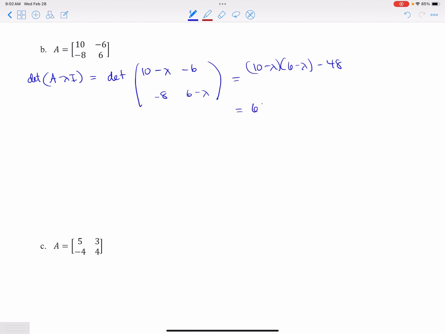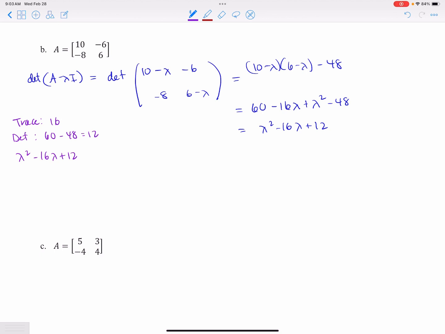So I get 60 minus 16 lambda plus lambda squared minus 48, which is lambda squared minus 16 lambda plus 12. And then if I think about it, the trace is 16, and the determinant is 60 minus 48, or 12. And I get lambda squared minus 16 lambda plus 12. So those are the same.